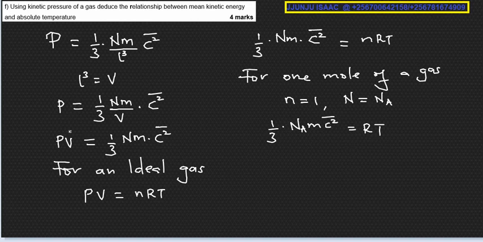So now I'm going to multiply with 3 over 2 on both sides, because I want to create the expression for kinetic energy, which we know is a half m times speed squared. So from here, let us multiply with 3 over 2.